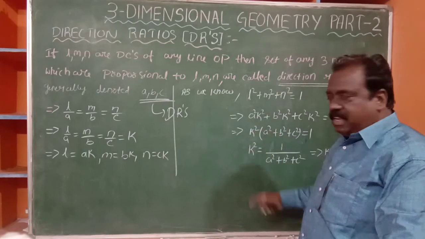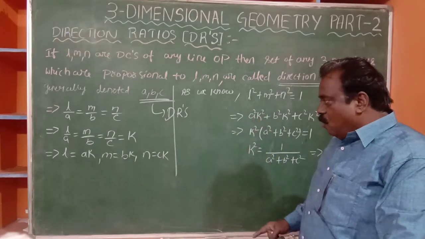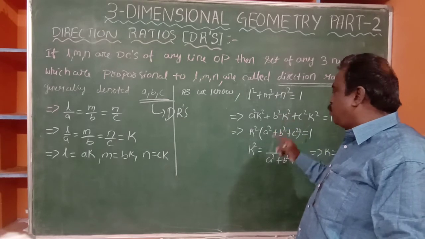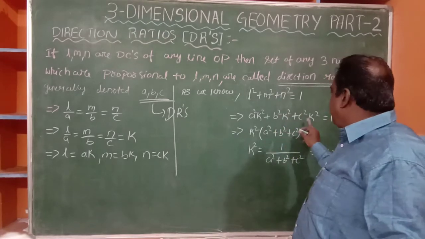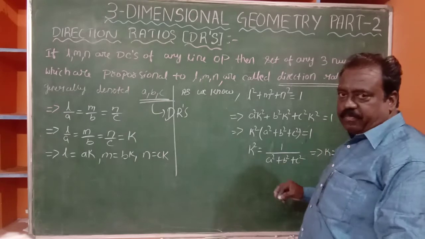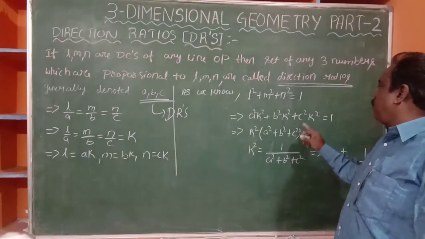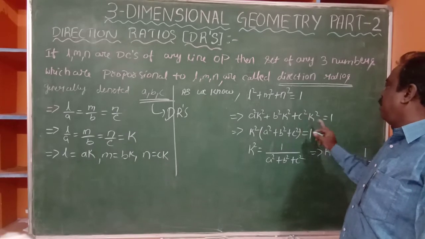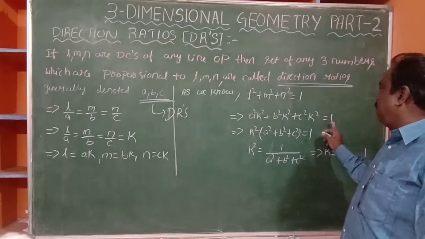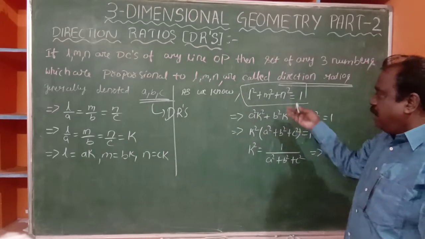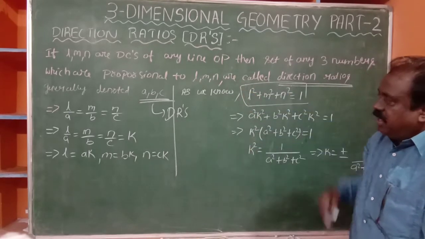AK whole square, that is A square K square. What is M? BK whole square, B square K square. What is N? CK, so C square K square, is equal to 1. In that theorem, I am using this concept.